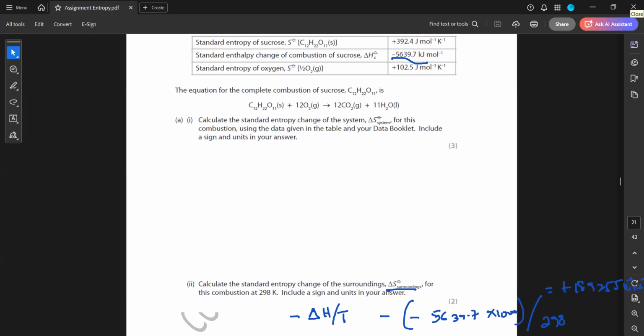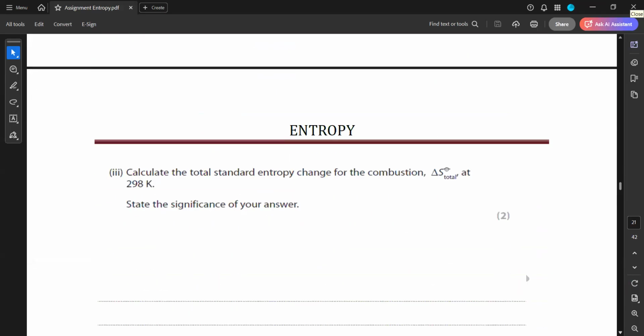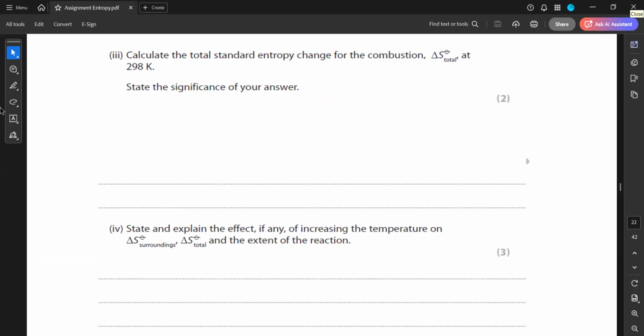And if I need the total, it will be the system plus the surroundings. System we calculated in the first part, surroundings we calculated now, and we just sum them to get the total. So the system we calculated 479 plus the surroundings was 18925.